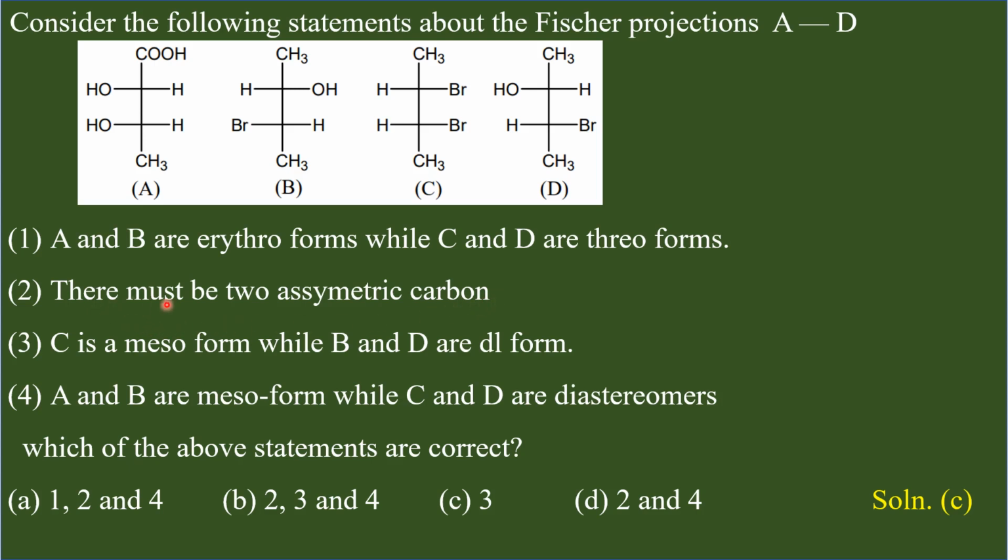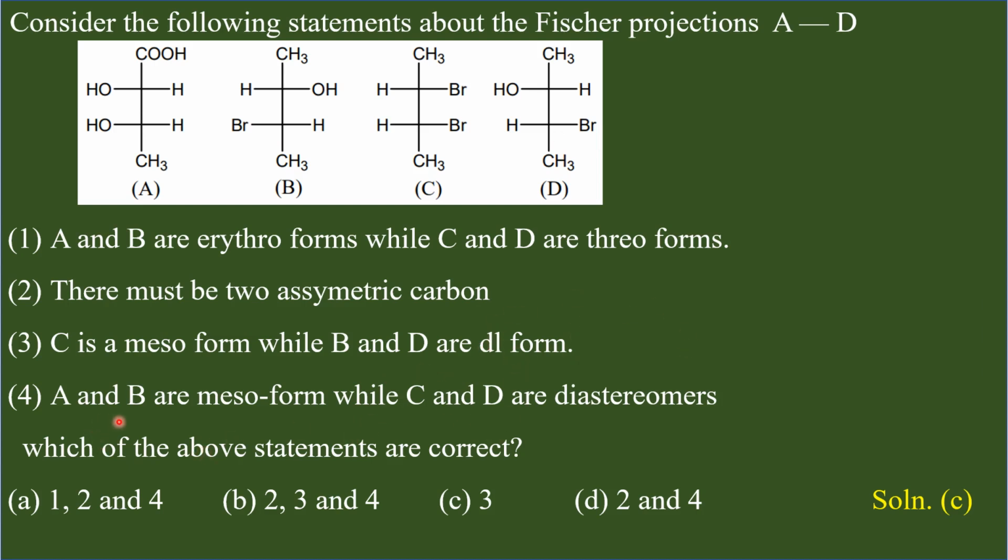So the second statement is for assigning erythro-threo notations, there should be two asymmetric carbon atoms. The third statement is C is a meso form while B and D are DL forms. That means B and D are enantiomers. DL forms means they are enantiomers.